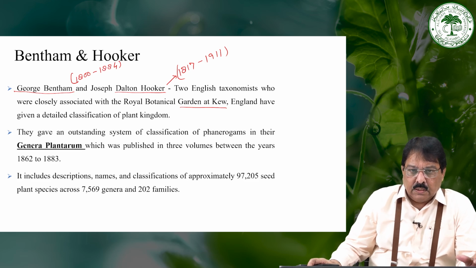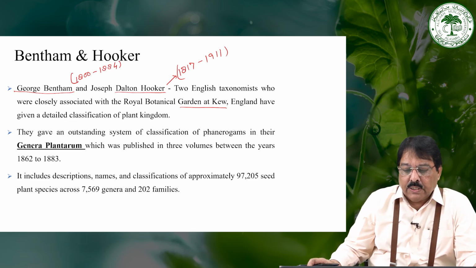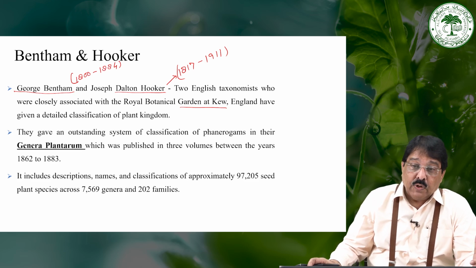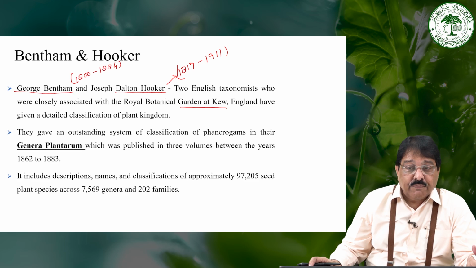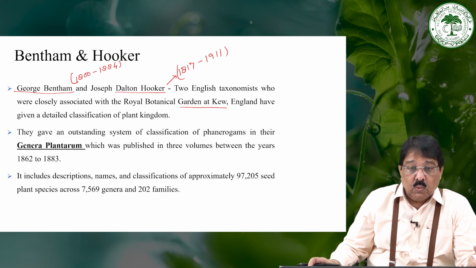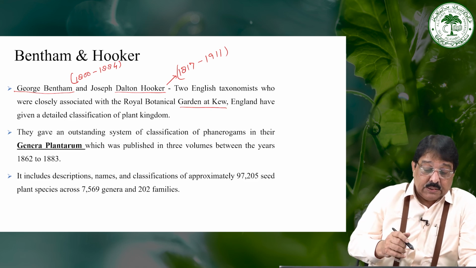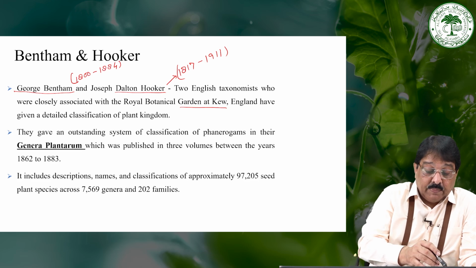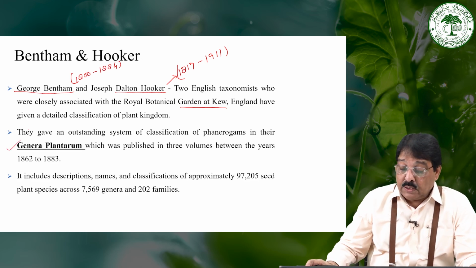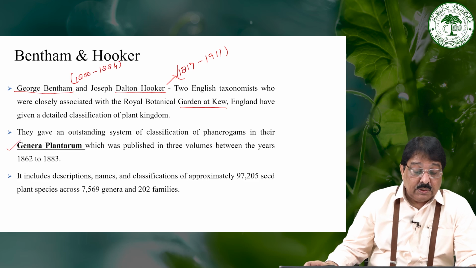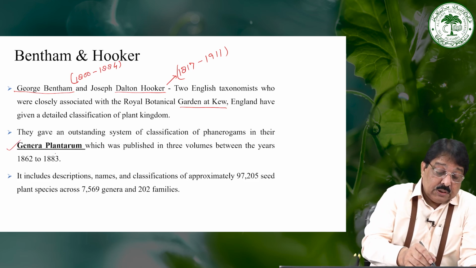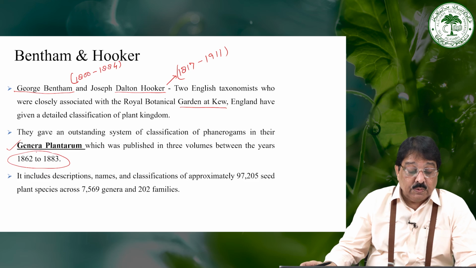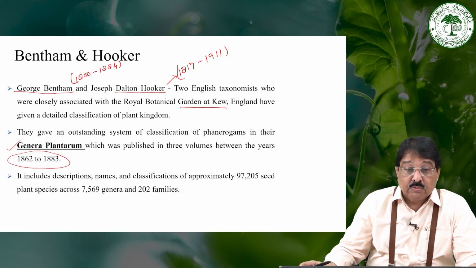After that, Dalton Hooker became the director of Kew Garden, and he sent many botanists to different parts of the world who collected different plants, and he himself visited different countries and gave the classification of the plant kingdom. He wrote a monumental work named Genera Plantarum, and this Genera Plantarum was published during 1862 to 1883.